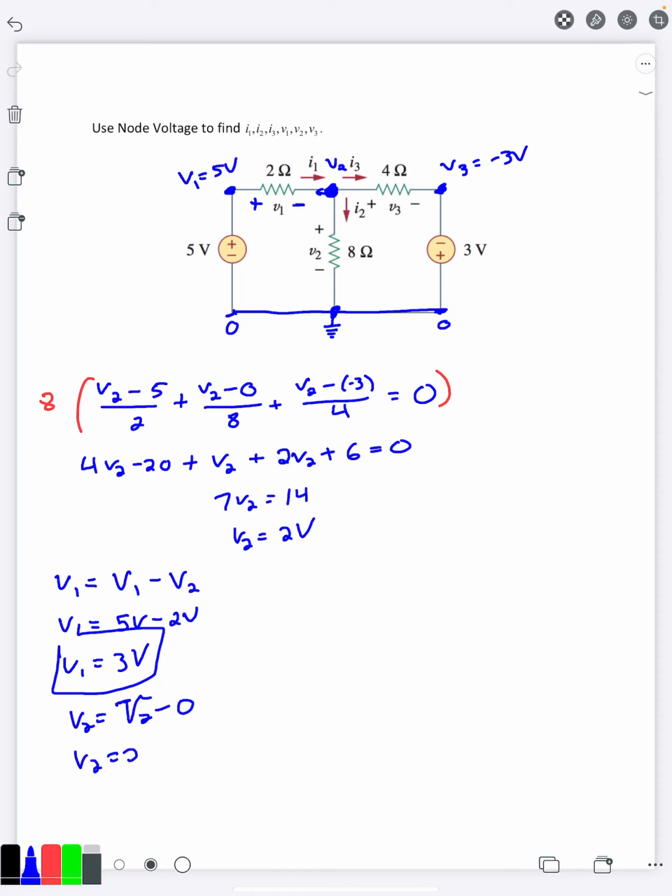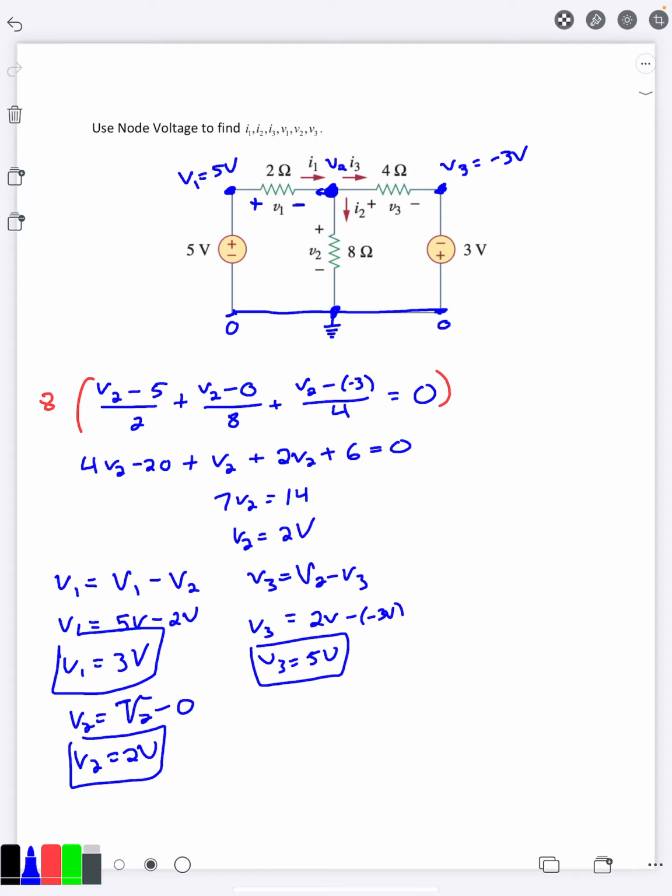So v2 is 2 volts. For v3, v3 is going to be the positive minus the negative. Capital V2 minus capital V3 is going to be 2 volts minus a negative 3 volts. So v3 is 5 volts here.